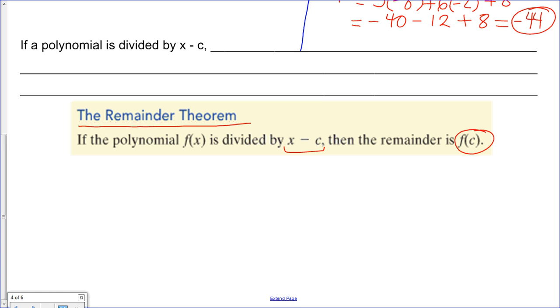So we're going to just rewrite the remainder theorem.